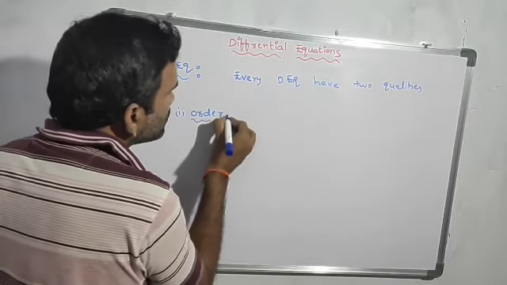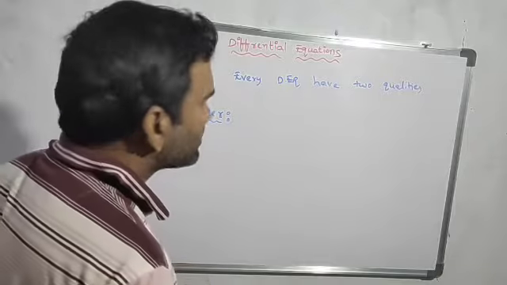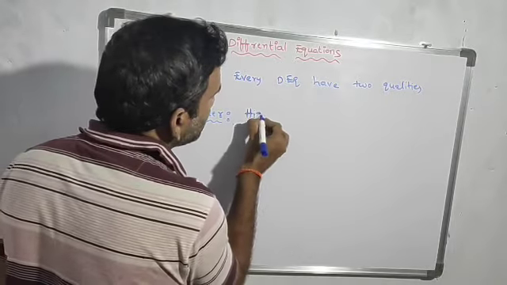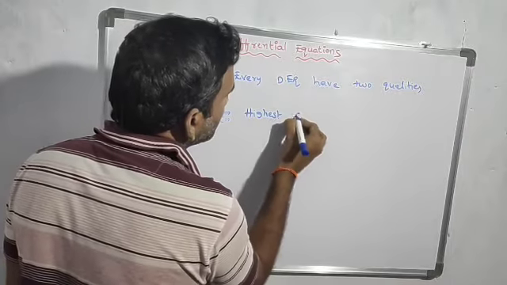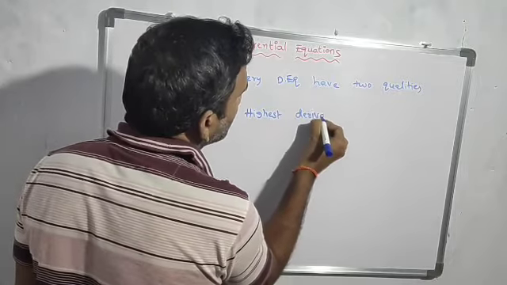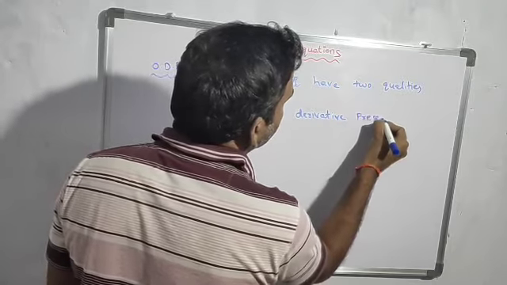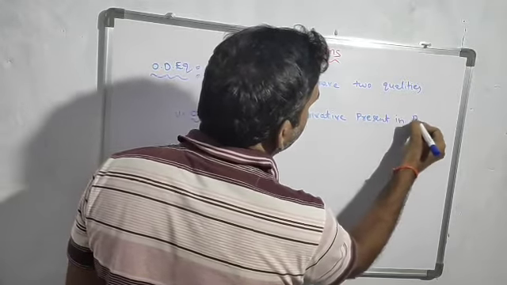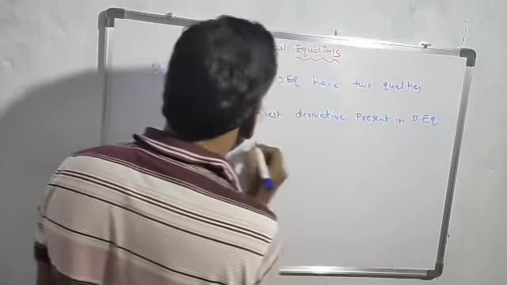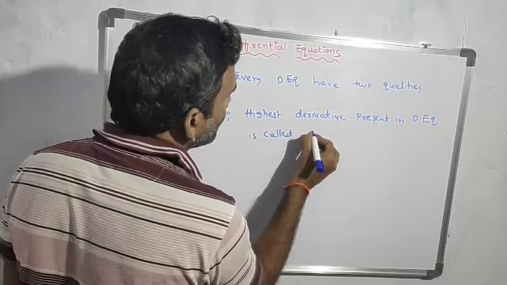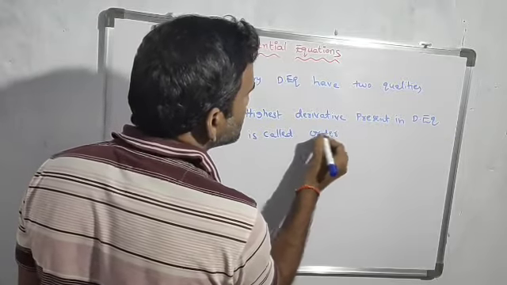So what is the order of the differential equation? The highest derivative present in a differential equation is called the order.